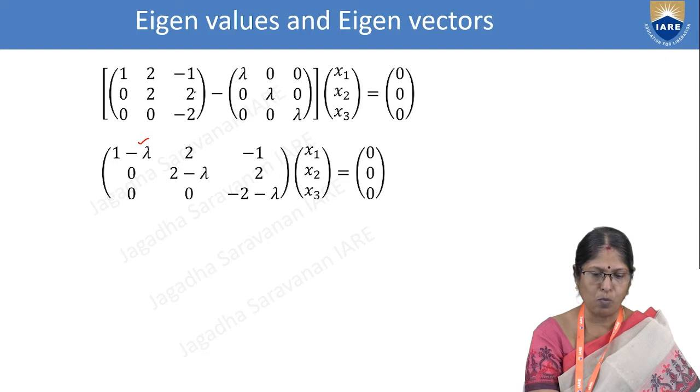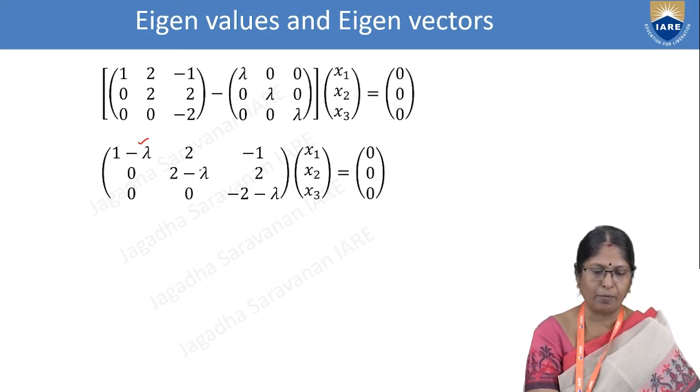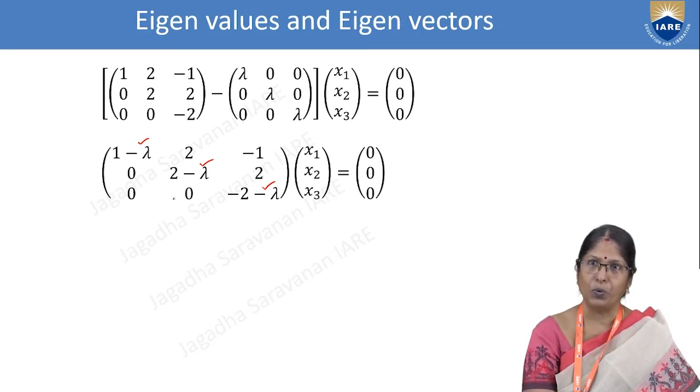That is, 2 minus 0 gives the same value. The only changes come in the principal diagonal elements. Now 2 minus lambda. Remaining all the elements you can notice, 2, 0, 0, are written as they are.